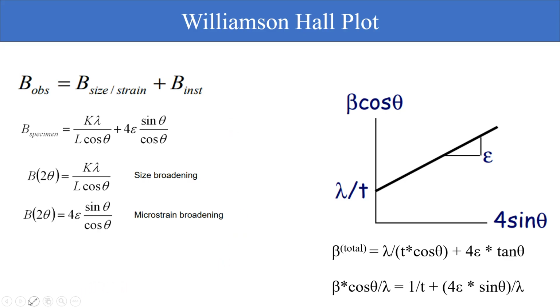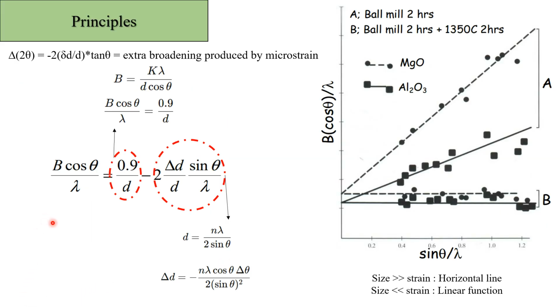We can also rearrange this equation by inputting a shape factor equal to 0.9, and for the broadening produced by microstrain, we can input a different term. So we can plot it and see how size and strain have a competitive role in our plot, because there is a competition between size and strain.